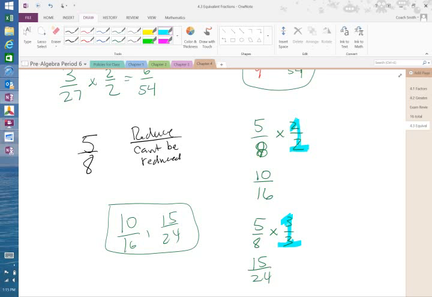So anytime it can't be reduced, you multiply first by 2 over 2, and then take the original fraction and multiply it again by 3 over 3.